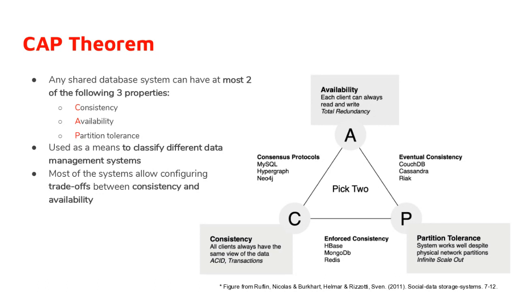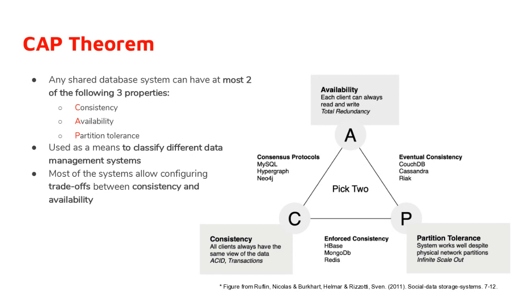And then availability is that clients can always read and write. That's a different property, highly available. It means you can always read some data, and that doesn't take a lot of time. One method to ensure high availability is just to copy data on every server.